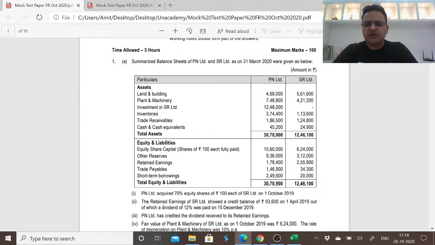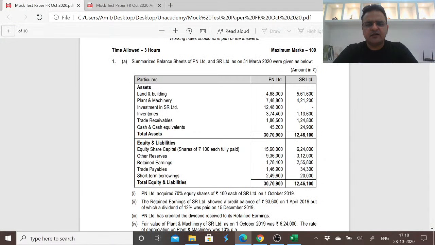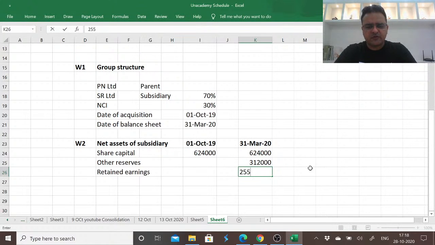Retained earnings position, we can copy directly from the balance sheet. Retained earnings position on 31st March 20 is equal to 255,800.